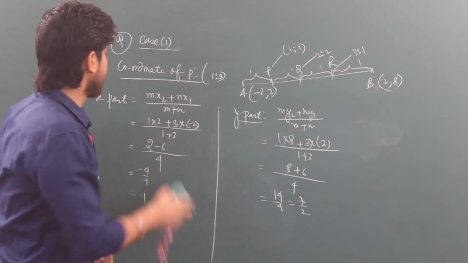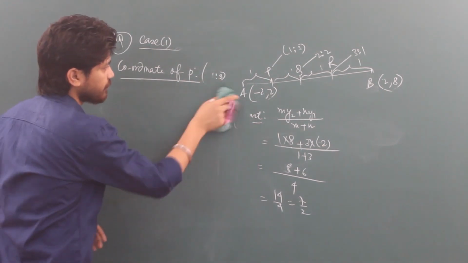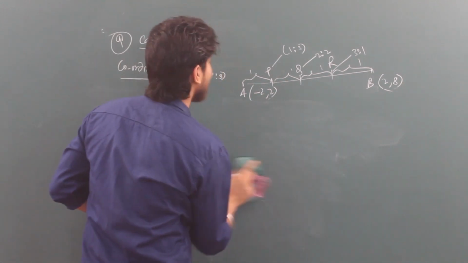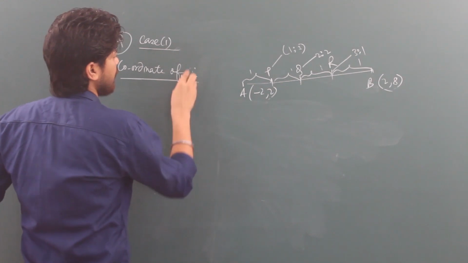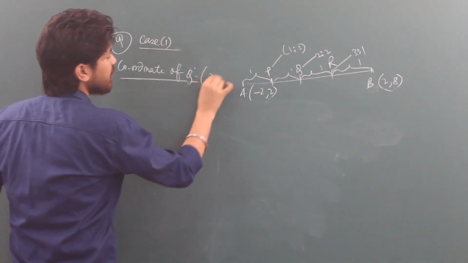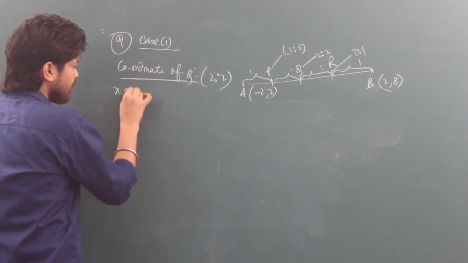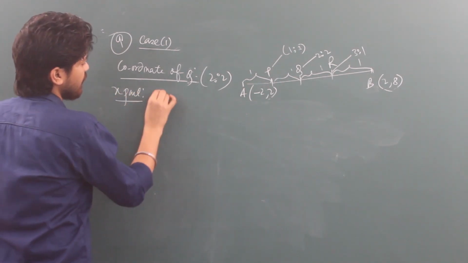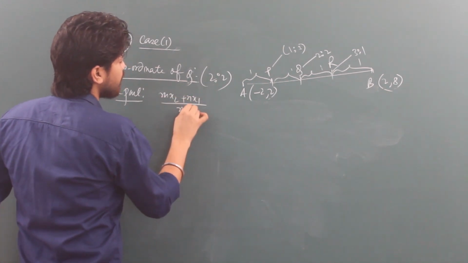Then for Q, I think I discussed this problem earlier. For Q again the ratio will be 2:2. So for the x part you find mx2 plus nx1 divided by m plus n.